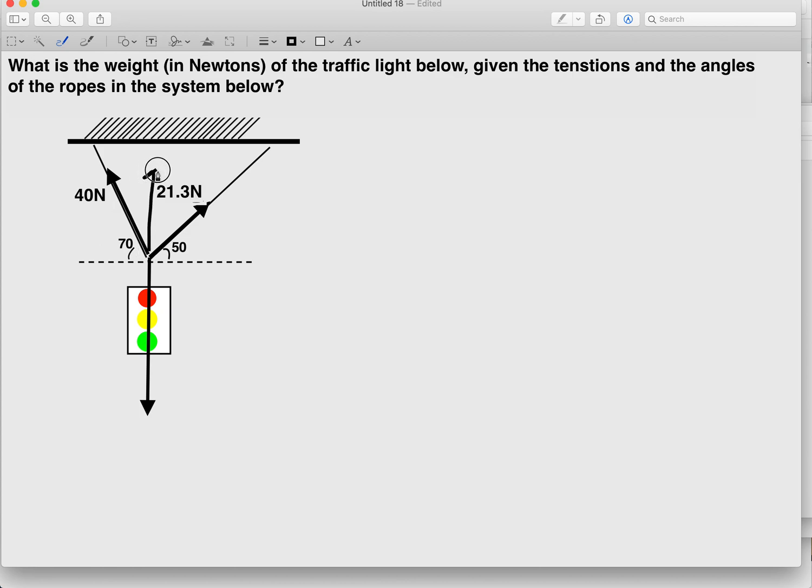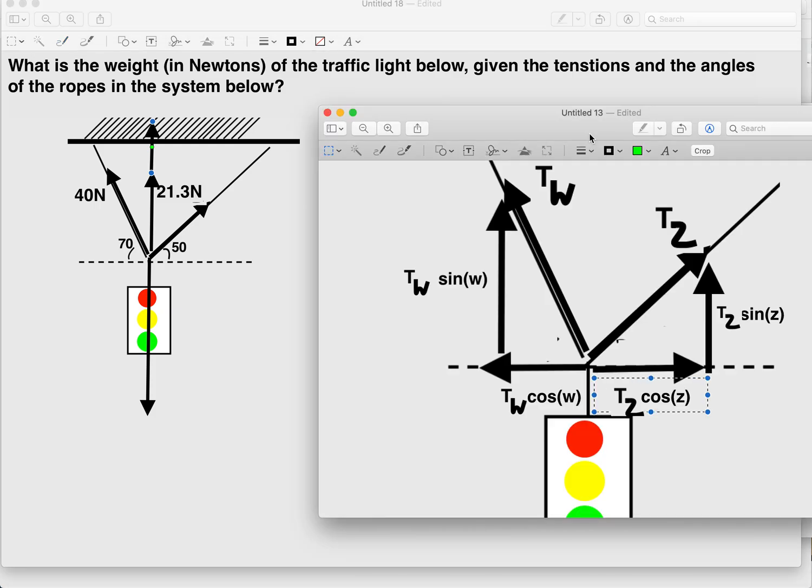So we have a vertical component of, say, the 40 newtons, and then we add to that the vertical component of the 21.3 newtons. So I'll let you have a go at that. First, just remember that this came from the picture. I'll put the picture up before. They're all right there.